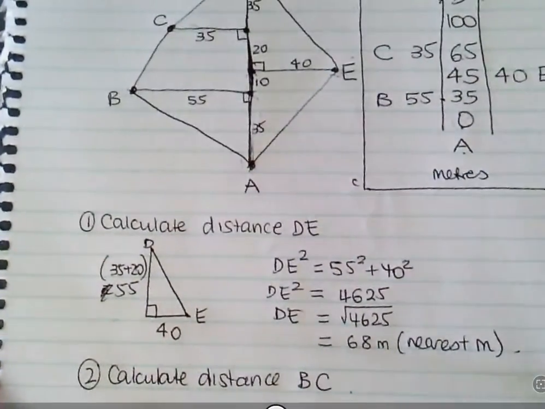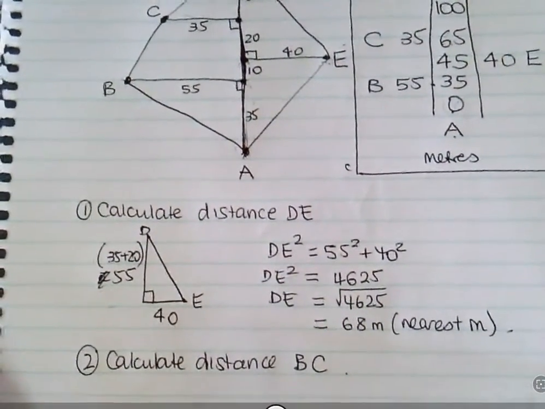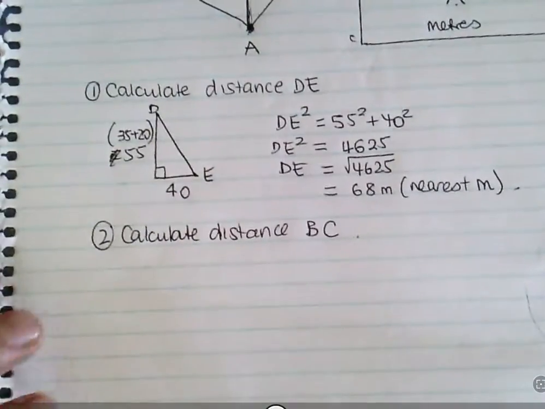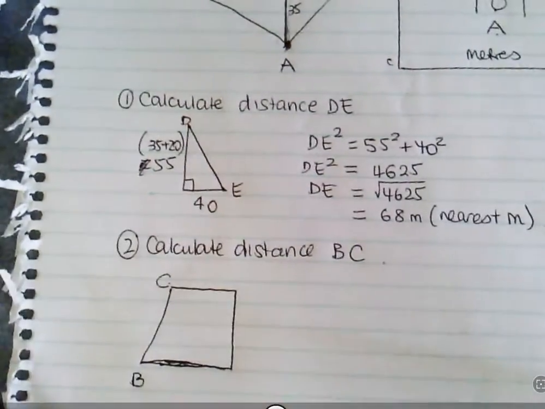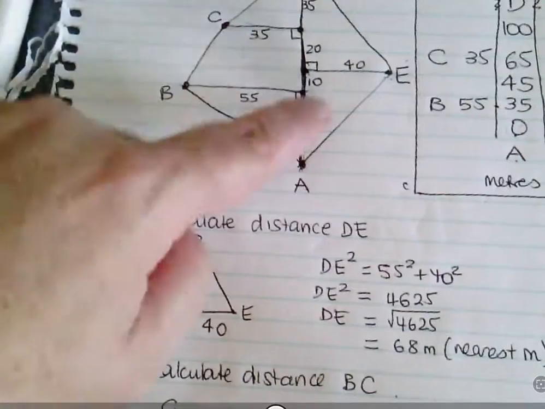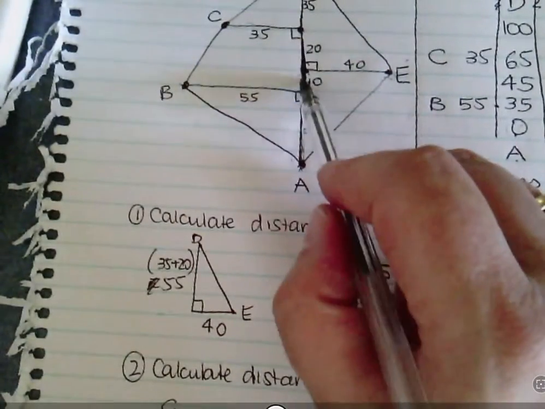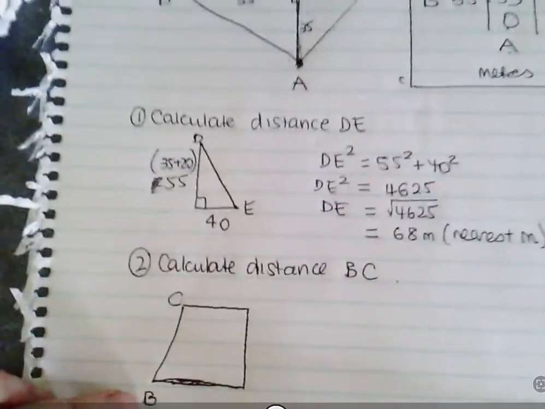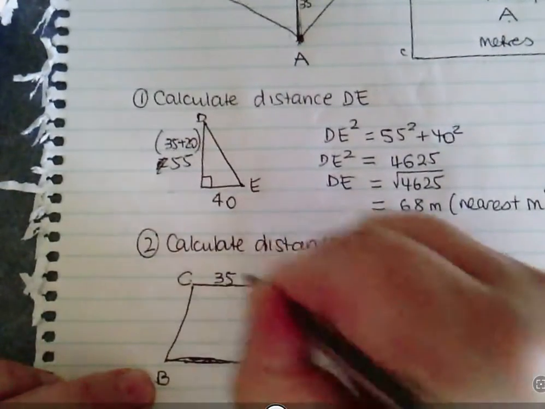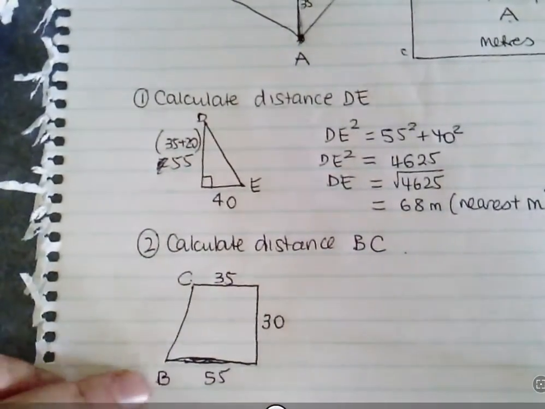BC is part of this trapezium, so I'm going to draw the trapezium. I don't have a ruler on me, but BC is there. I can see I've got 35 up there, 55 there, and what's this length here? 30. So write them out. I've got 35. This is 20 plus 10, which is 30, and this is 55.